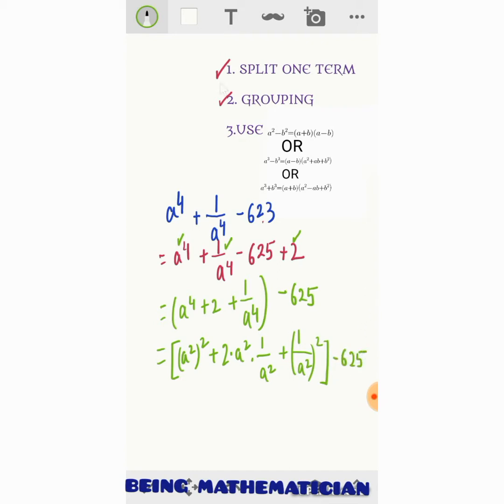So we use a square plus 1 by a square whole square minus 25 whole square. So we can apply this formula here, a square minus b square equal to a plus b into a minus b. So step 3 is completed, and this sum is also completed.